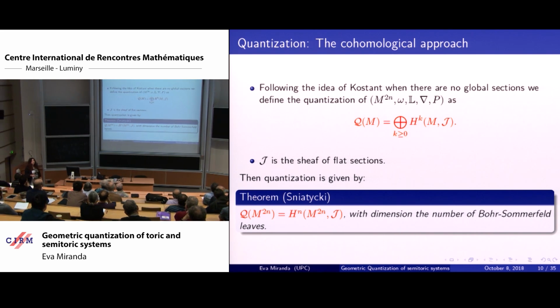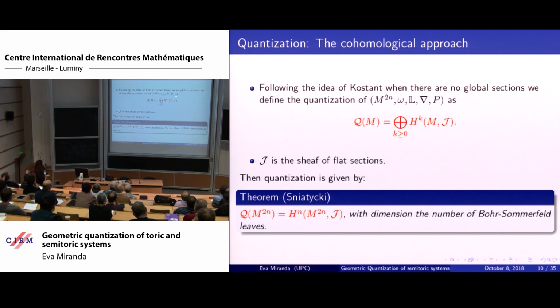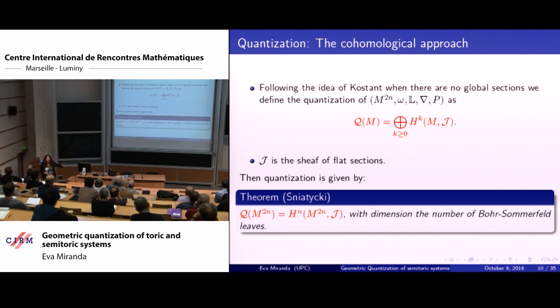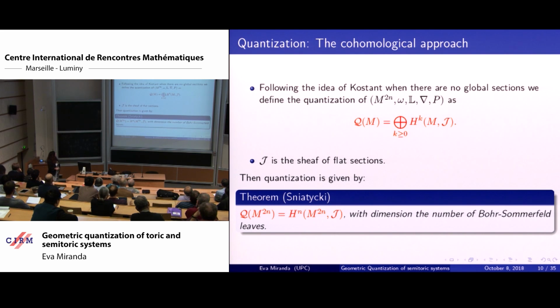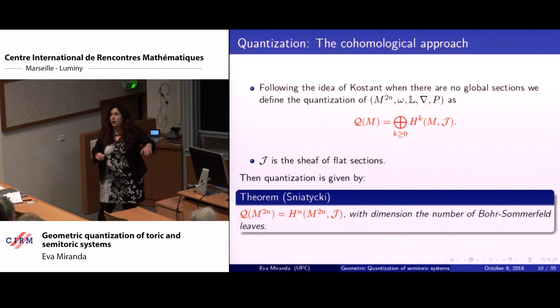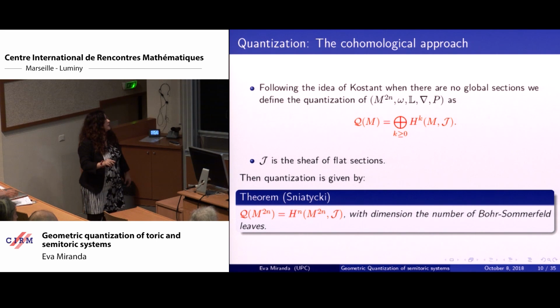It's just sheaf cohomology. That's good, because if we like algebraic topology, we just need to compute the sheaf cohomology and then interpret the result in terms of geometric quantization. So this is what Śniatycki did. And he proved, in the case in which the leaf is compact, that in this quantization you can discard all of these cohomology groups except the one in half of the dimension of the manifold.